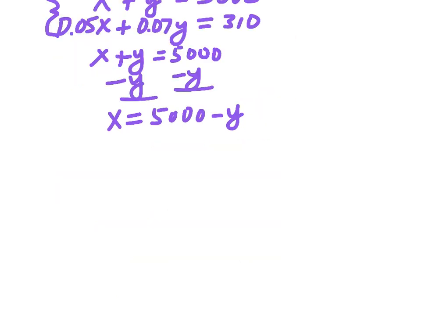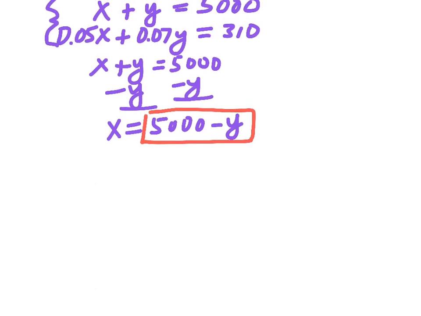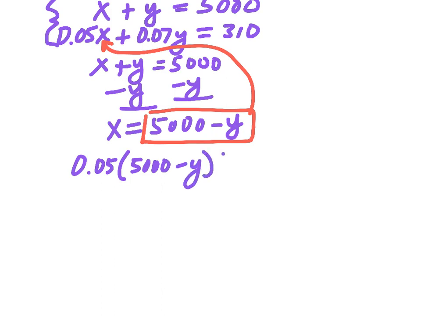Then I'll take that and substitute this up into x right here. Got to go into the other equation, and I'll have 0.05 times (5,000 minus y) plus 0.07y equals 310.